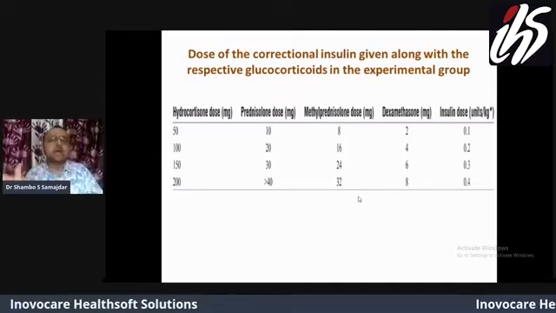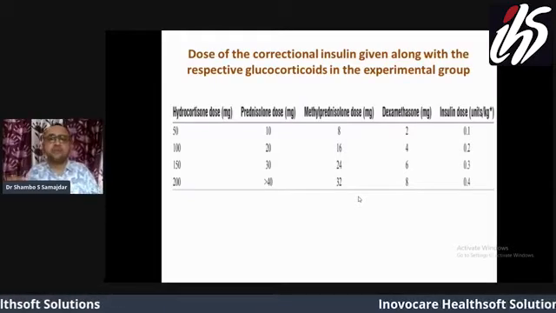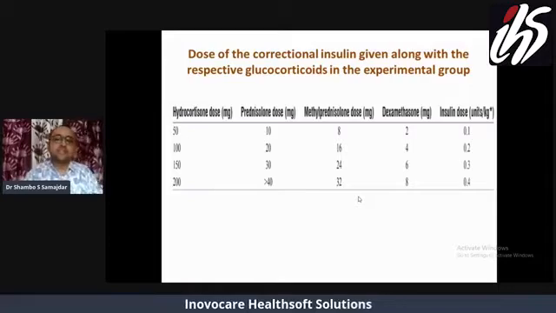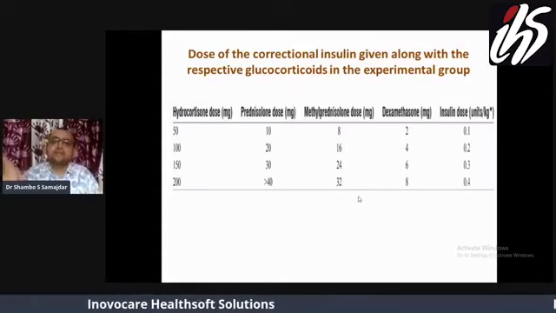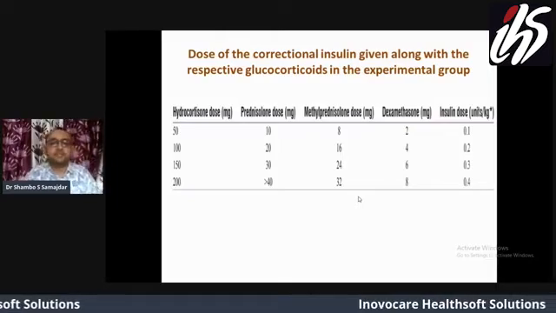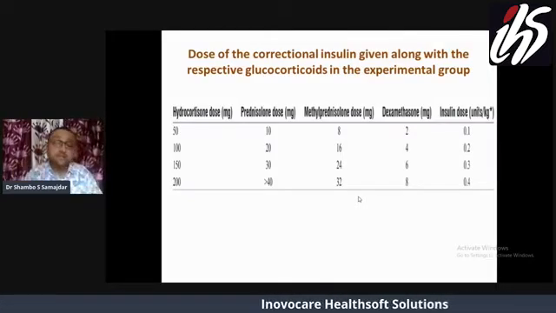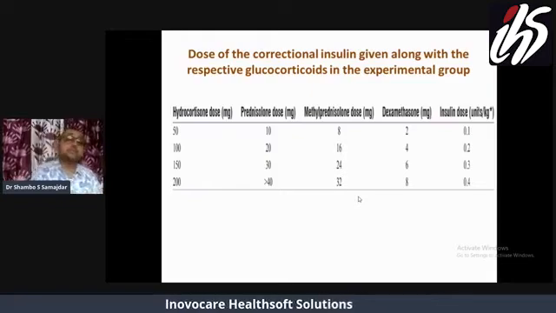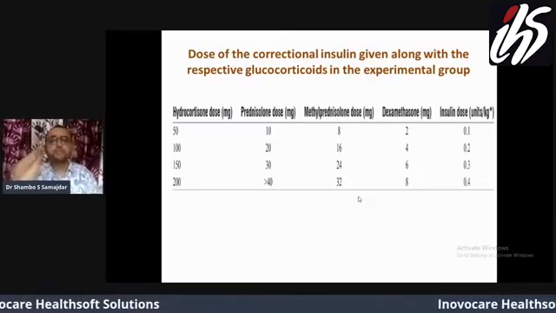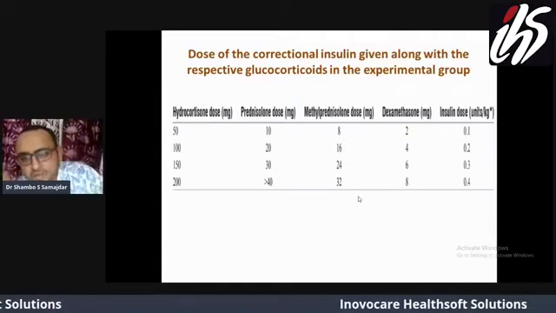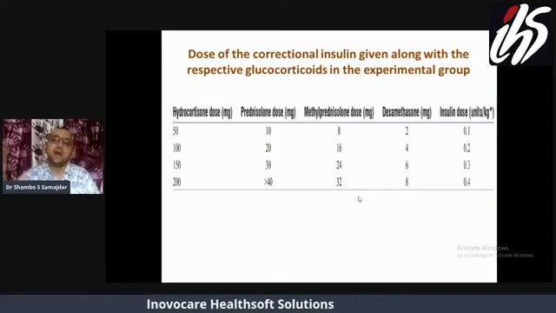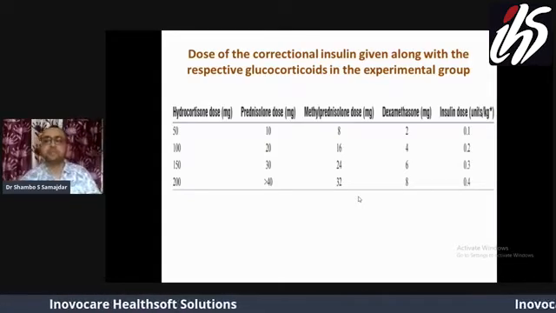And this dose relation is also very important, because of how much correctional insulin I am going to give. So for that, we all know this formula: dexamethasone 2 milligram is equivalent to prednisolone 8 milligram, methylprednisolone 8 milligram, prednisolone 10 milligram, and hydrocortisone 50 milligram. So for each 2 milligram of dexamethasone dose, we need to give correctional insulin of 0.1 unit per kg.